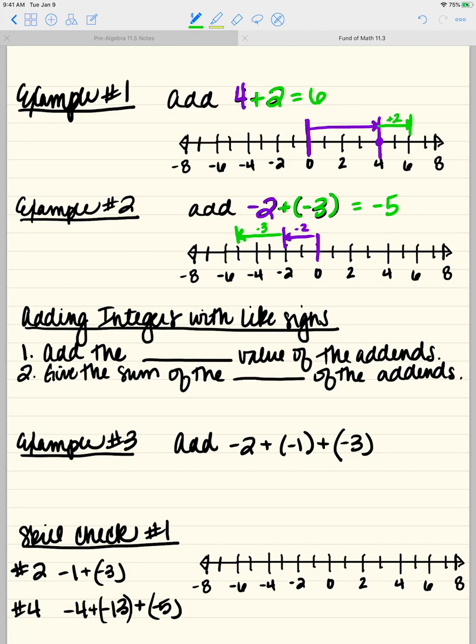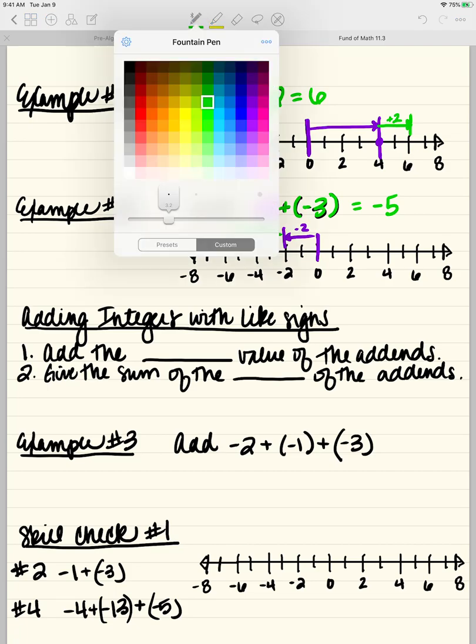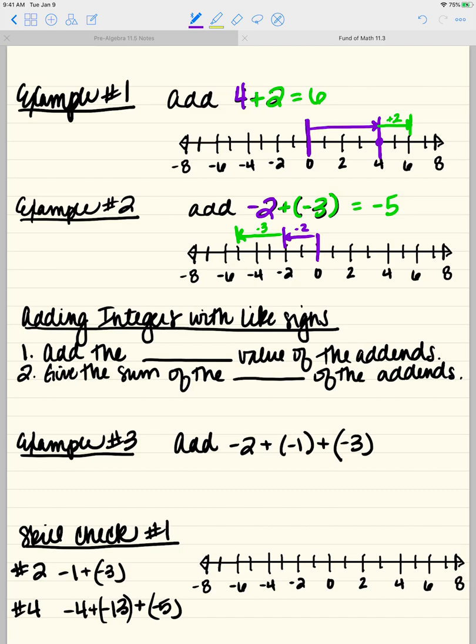So through this so far, I hope you have recognized a really important rule, or 2 really important rules, okay? When we are adding integers with like signs, that means the signs of the integers that we are adding are the same, like 4 plus 2 are both positive, or negative 2 plus negative 3 are both negative.